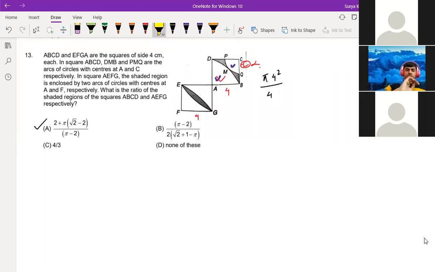Yeah, this part only I'm not understanding, why they have given this part. If nothing is given for the radius, on what basis should we find the area of this? On what basis can we find this area? Ratio of the shaded region of the square ABCD and AEFG.